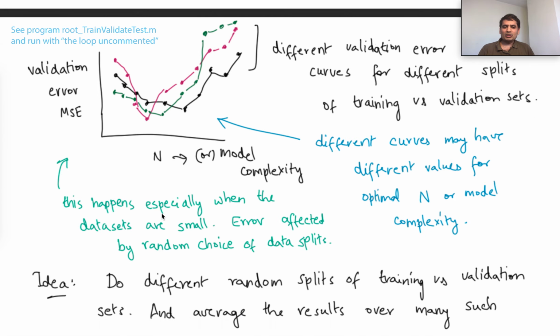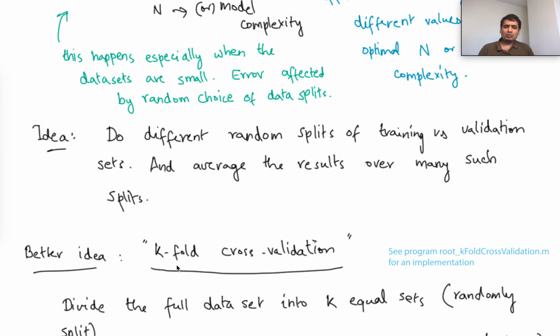So that's one way to do it. Another way is what's called k-fold cross validation. It's not necessarily a better idea, but it's a good idea, and perhaps the most common in the machine learning literature. What's called k-fold cross validation, and I'll discuss this in the next short video.